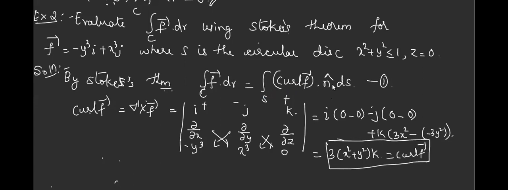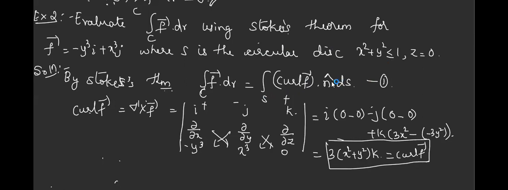We require n cap. Come back to the problem. Here S is a circular disk given by x square plus y square less than or equal to 1 and z is 0. So z is 0 means the curve lies in which plane? XY plane.